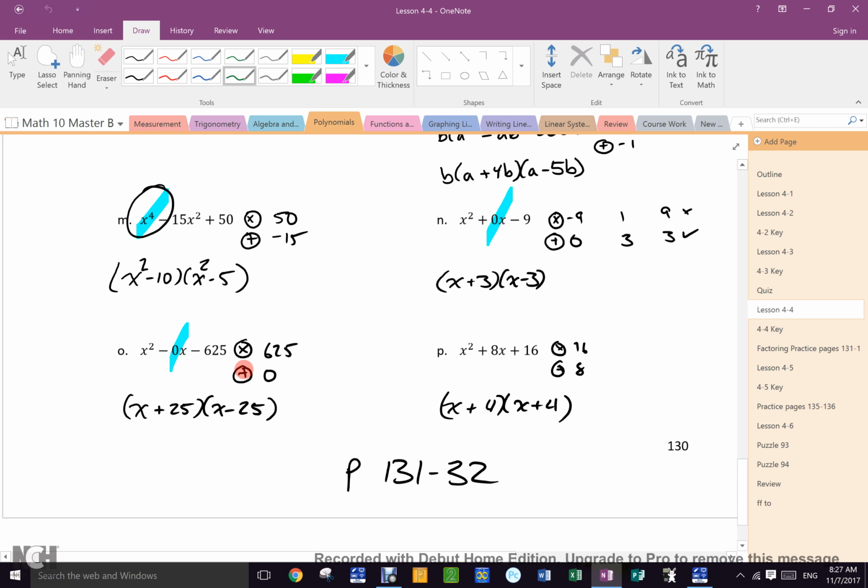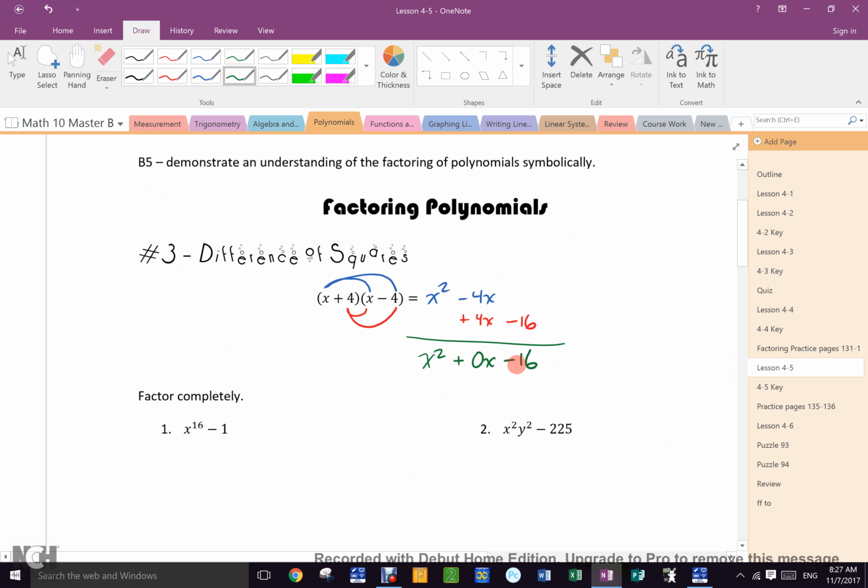Down here, we noticed the x and the 25 stayed, but the middle term dropped out. Yes? So that takes us to where we are right now. This is really x squared minus 16, yes?